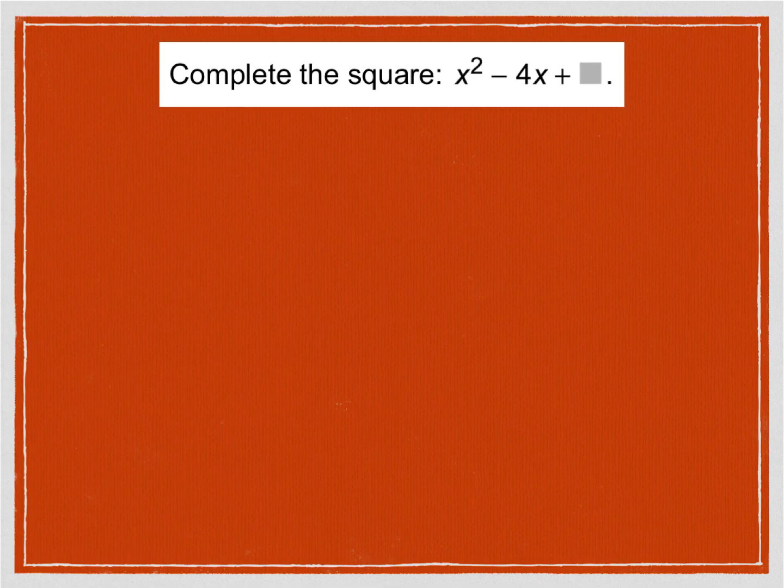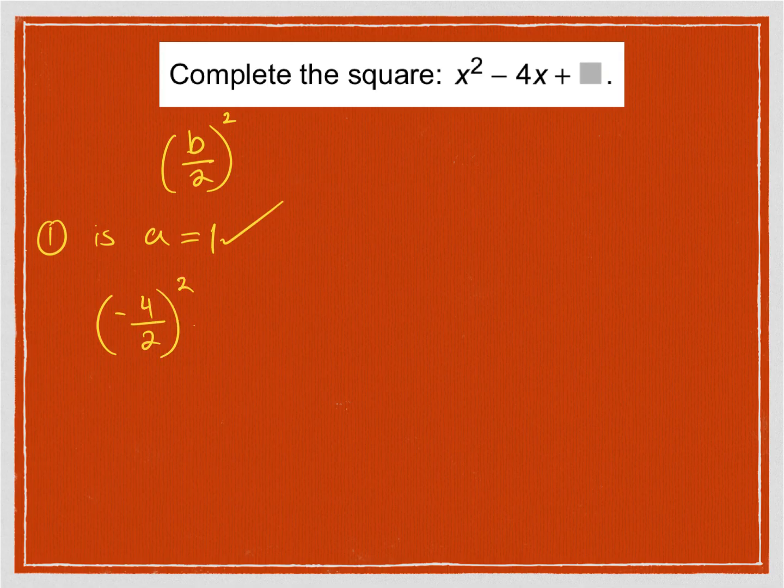They want you to complete the square and find that third number, the same thing we did for the previous problem. That third number, again, is going to be (b over 2) squared. First step: is a equal to 1? In this case it is, so we can move on and start grabbing the b over 2. Our b is negative 4, and then the over 2 squared.